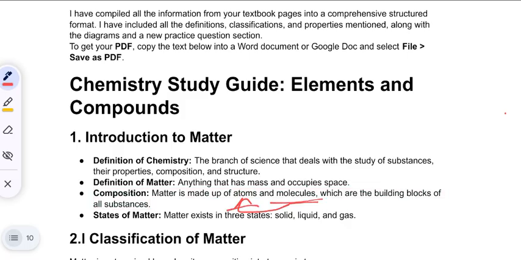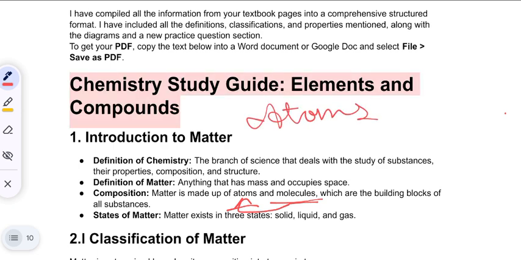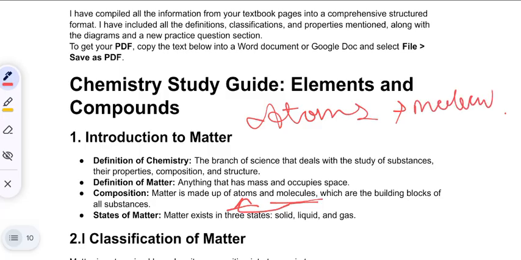When atoms combine, they form molecules, and when molecules combine, they form matter. This much is clear.